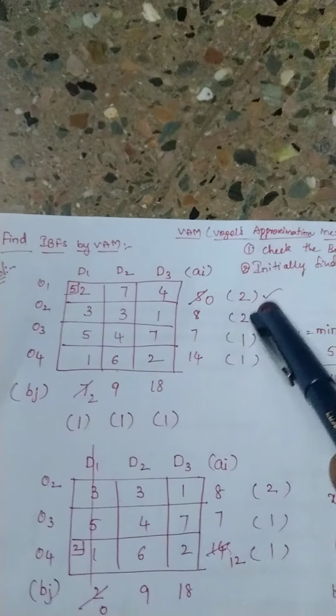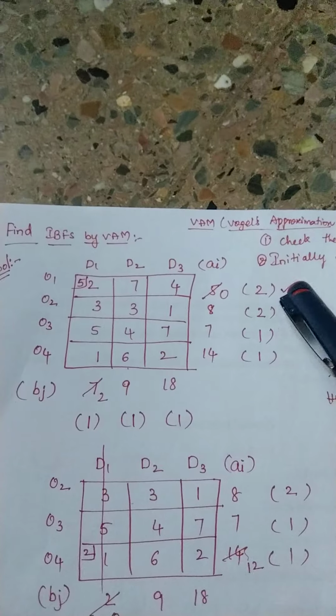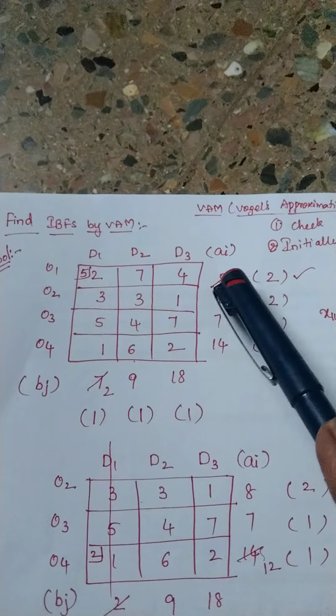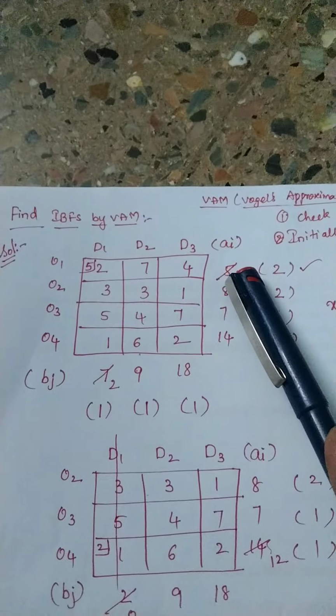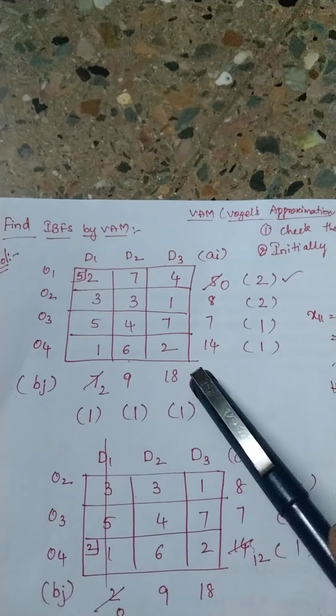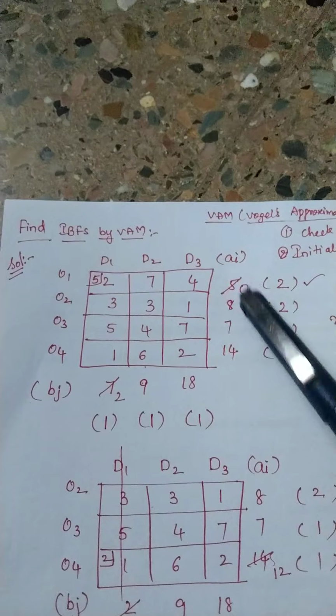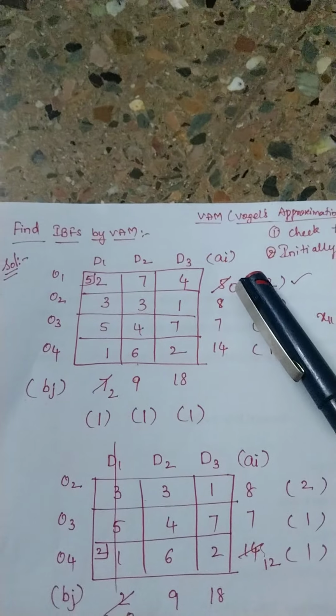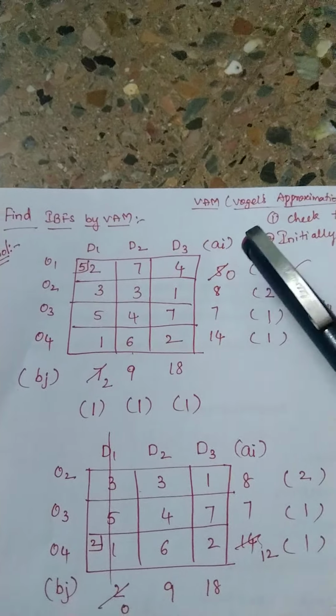In the origins, O1 and O2 are both tied. So what are you going to choose? We have to check the least availabilities or requirements. Here you have two values which are tied between both origins. That's why you check the values 5 and 8. Which is least? 5 is least.